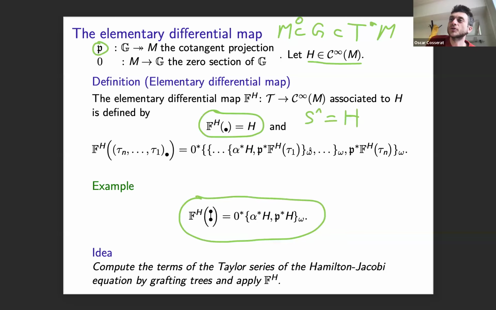Here the Poisson bracket indexed by omega is the Poisson bracket of the symplectic form on the cotangent bundle. The idea is to compute the terms of the Taylor series of the Hamilton-Jacobi equation by grafting trees and applying F of H.